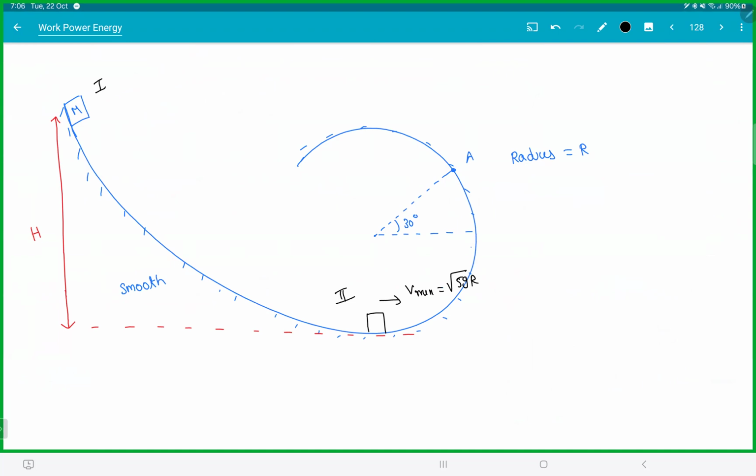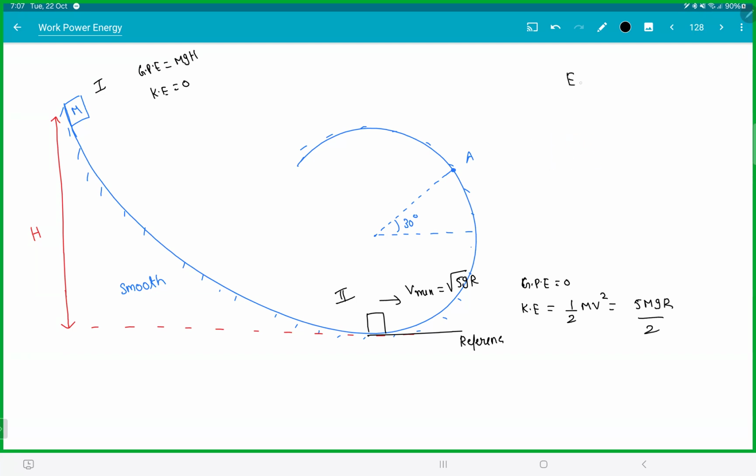State 1, I'll take the ground as a reference line. Define your energies. Gravitational potential energy, mgh. You're releasing from rest, so kinetic energy, 0. State 2, gravitational potential energy, 0, because you took that as a reference line. Kinetic energy, half mv square. And v minimum is root 5gr, so that is 5mgr by 2.